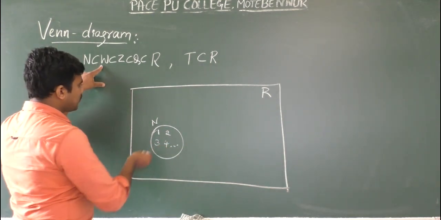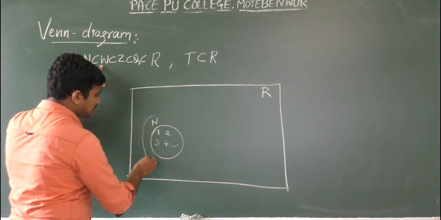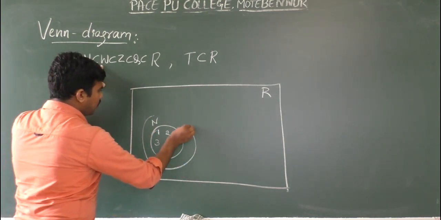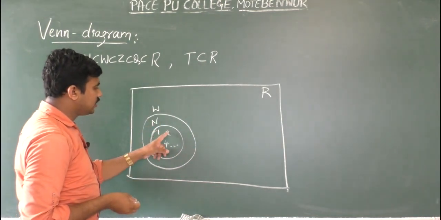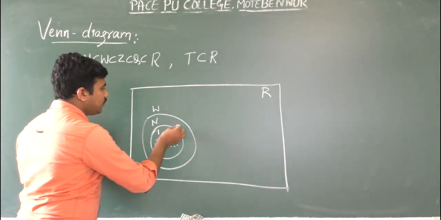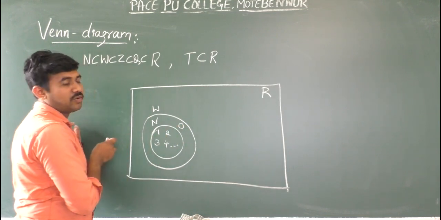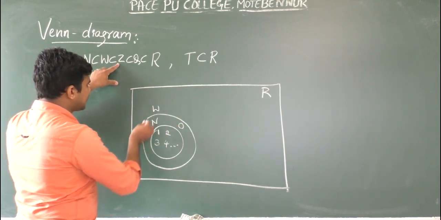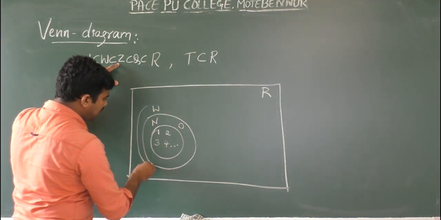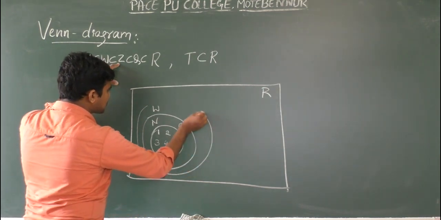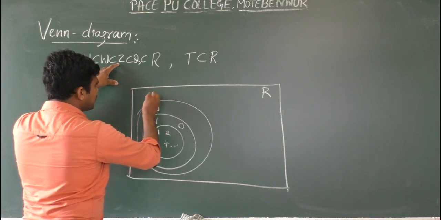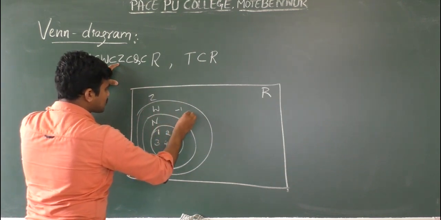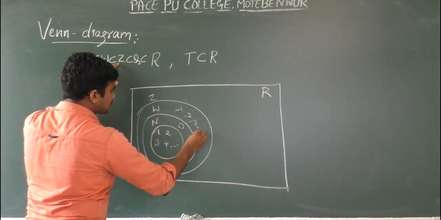Whole number is a superset of natural number, which includes the numbers 1, 2, 3, 4 and so on with the element 0. And the integer is a superset of whole number, and it includes 0 and all the positive integers with the negative integers -1, -2, -3 and so on.